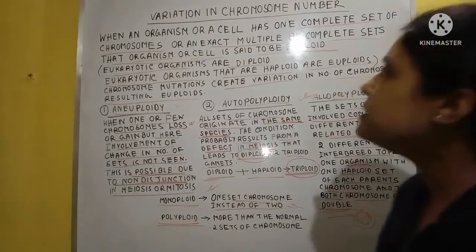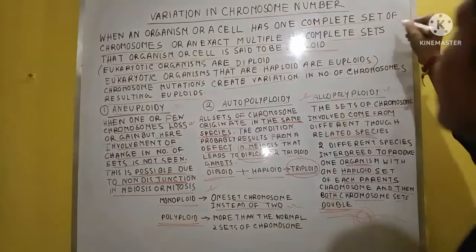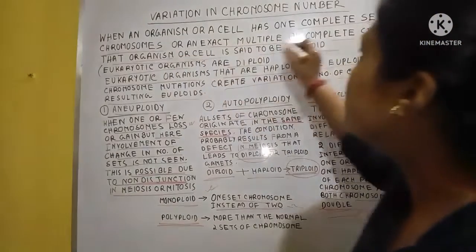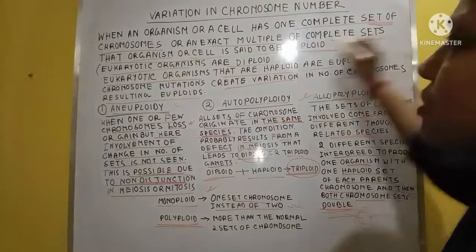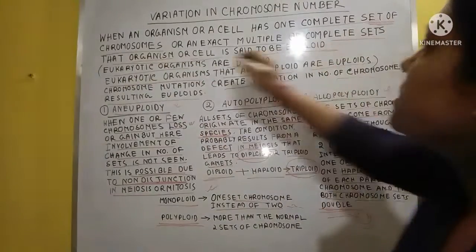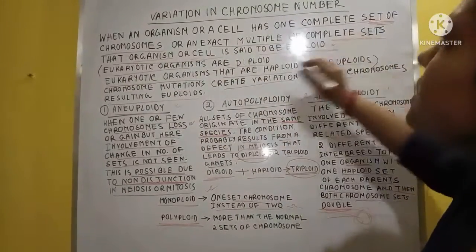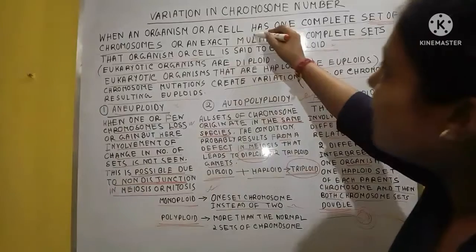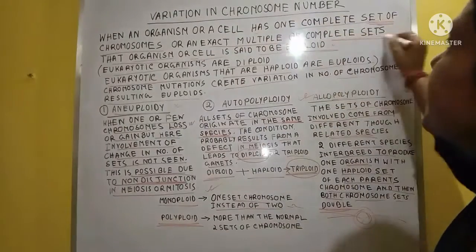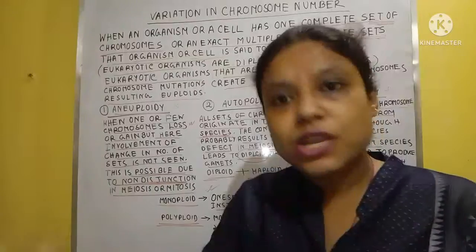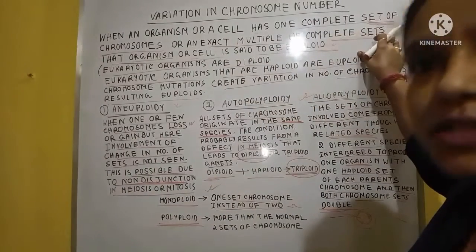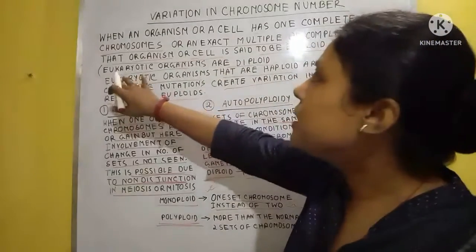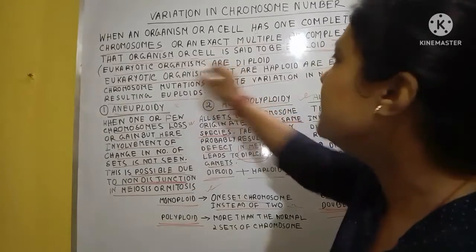When an organism or cell has one complete set of chromosomes, or an exact multiple of the complete sets of that organism or cell, it is said to be euploid. That means if one complete set of chromosomes, or an exact multiple of one complete set, is present, then in that situation it is called euploid.